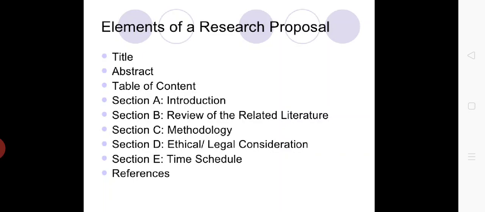Then section A would be about the introduction of your topic, review of the related literature, then methodology, what research methodology you are going to use in your study, then ethical or legal considerations, time schedule, and references. These are important elements which are part of every research proposal.